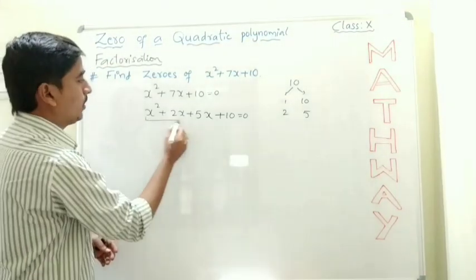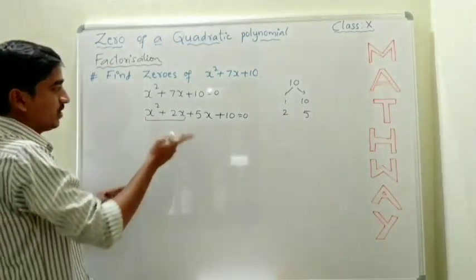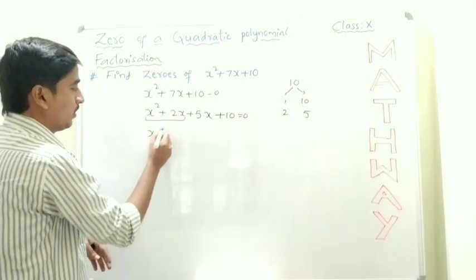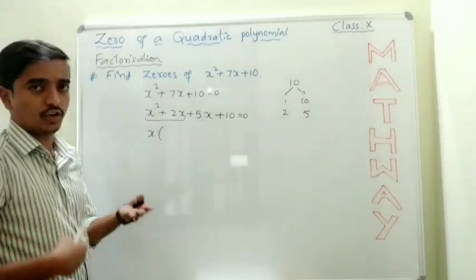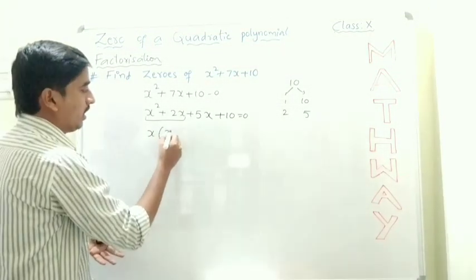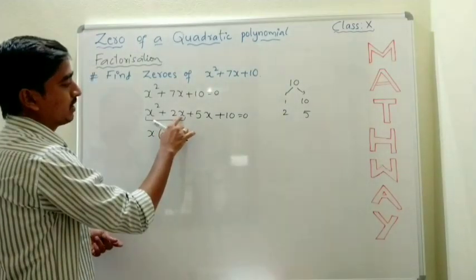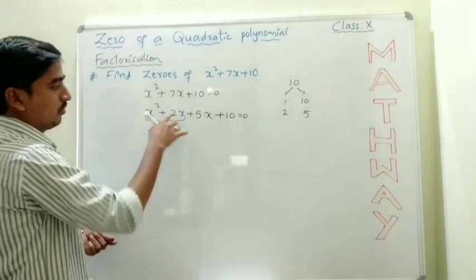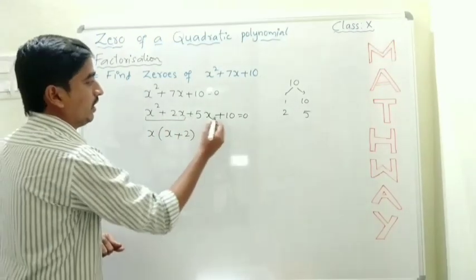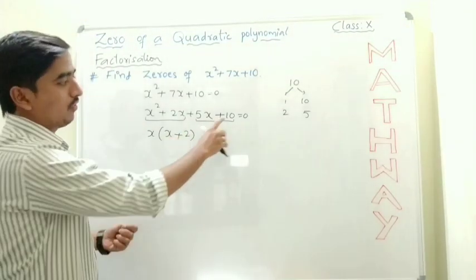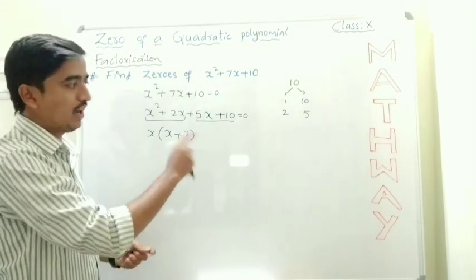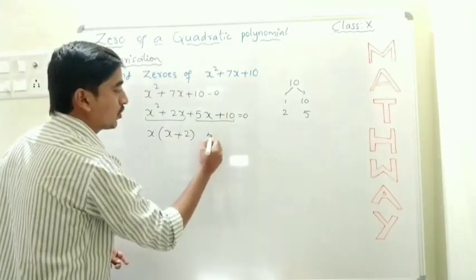From these first two terms we can take x as common. X is there in the two terms, so take x as common. After taking x common, from x square, one x is left. Then from 2x, x is gone, so 2 is left: x plus 2. Then in 5x plus 10, 5 is common, since 10 we can write as 5 into 2, so we can take 5 as common.